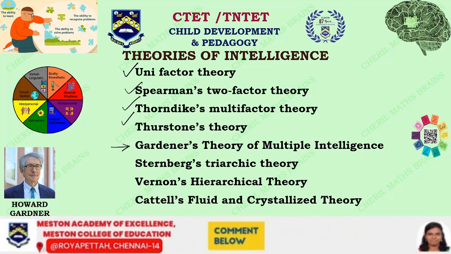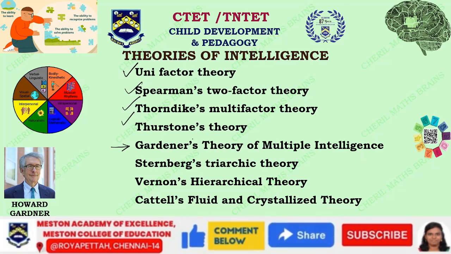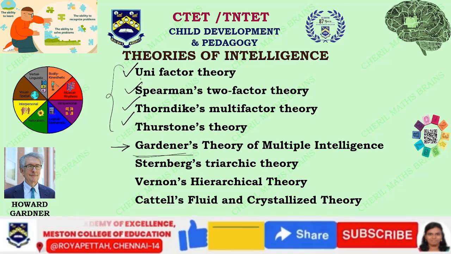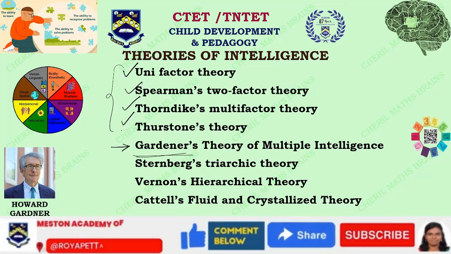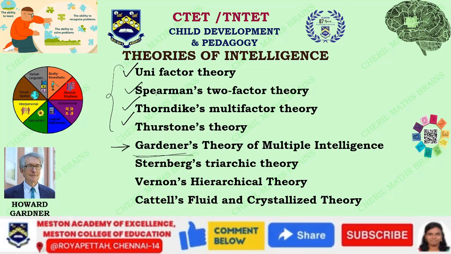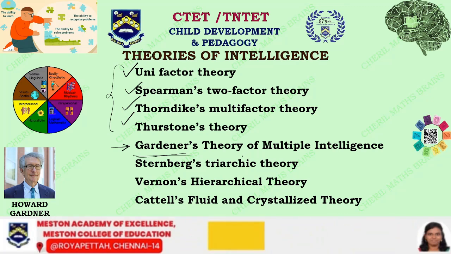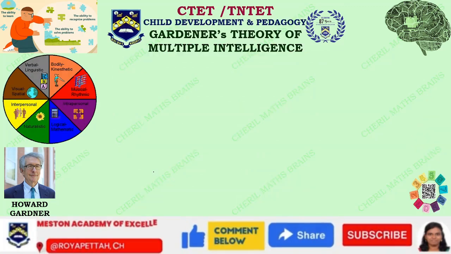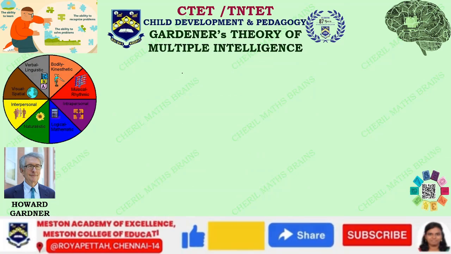If you have missed any of these four, please get back to those theories and listen to the videos, because those concepts are all going to be worked on by this person. This person has worked on the previous four theories and only then given his theory. So the understanding of the above four theories is very important in order to understand this particular theory. Now let's get into Gardner's theory of multiple intelligence.